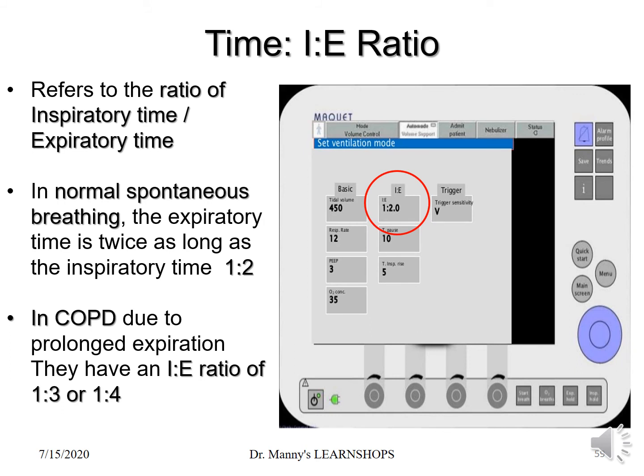The I:E ratio is the inspiration-expiration ratio, and this refers to the ratio between the inspiratory and the expiratory time. In you and I, in normal spontaneous breathing, the expiratory time is typically 2 to 3 times as long as the inspiratory time, to ensure that we have time to exhale before we inhale again.